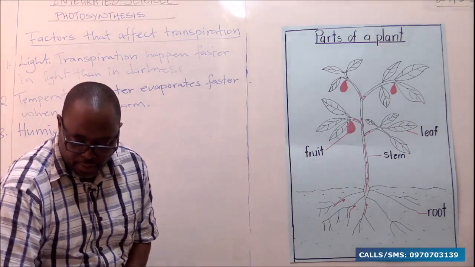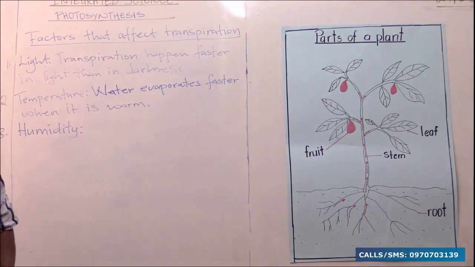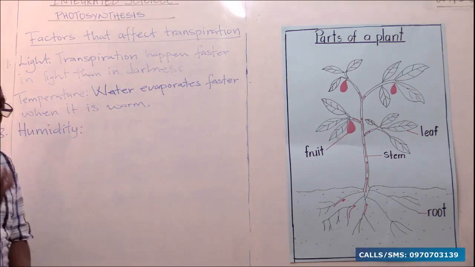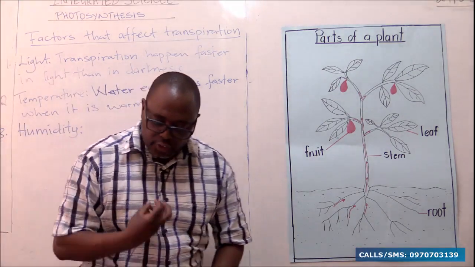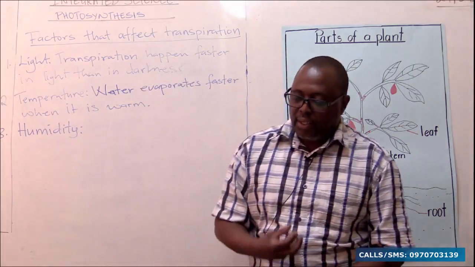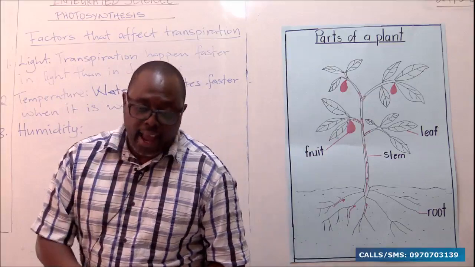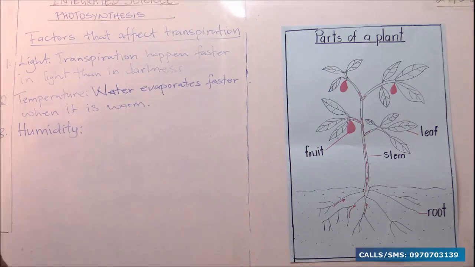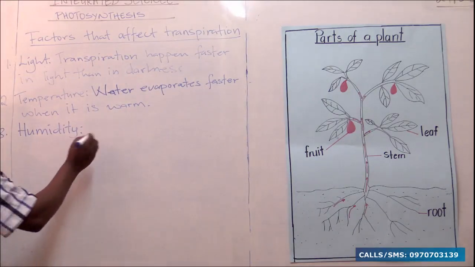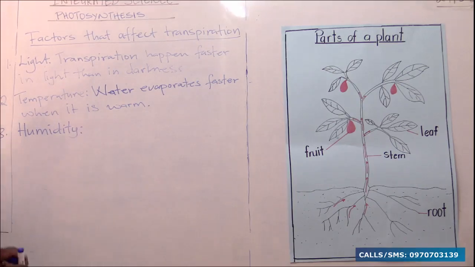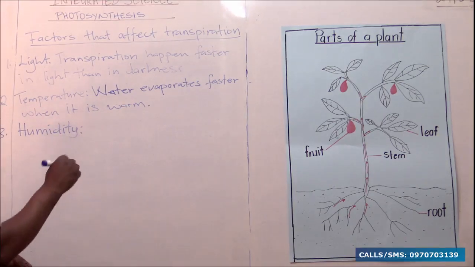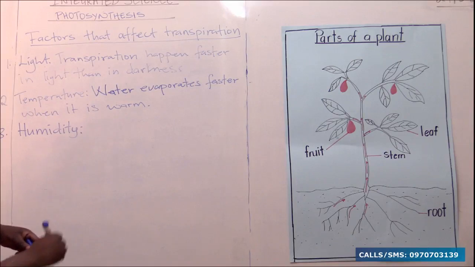Humidity is about how dry the air is. When the air is dry, the leaves lose more water. I'll just write the points, so they can be copied down as I'm writing.